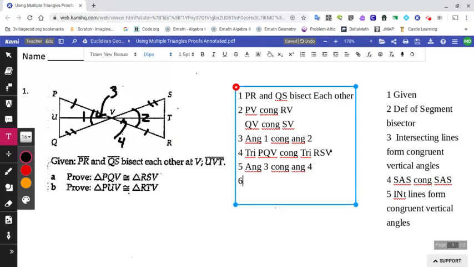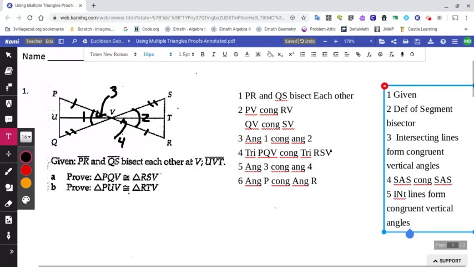And here is where I'm actually using the original set of triangles, the triangles I proved congruent in the first part. I'm going to use their parts to get the parts I need for the smaller ones. 6, angle P is congruent to angle R, and that's by CPCTC.